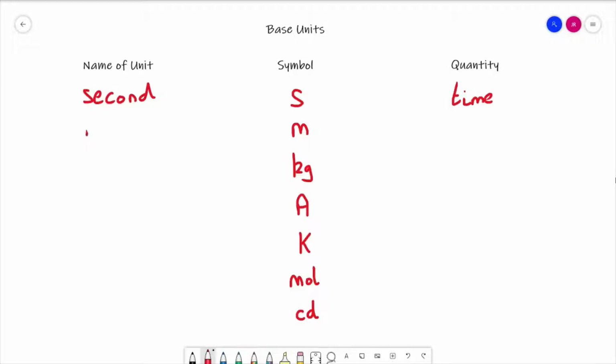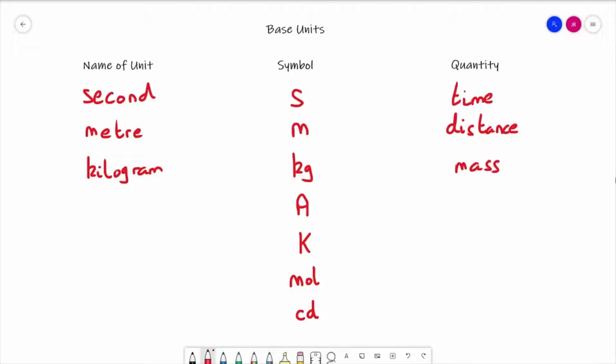Lowercase m is the metre and is to measure distance, and kg is the kilogram and measures mass. So those three are probably the most common of the base units that you will have used at GCSE, and obviously at A level we're going to see them quite a lot as well.